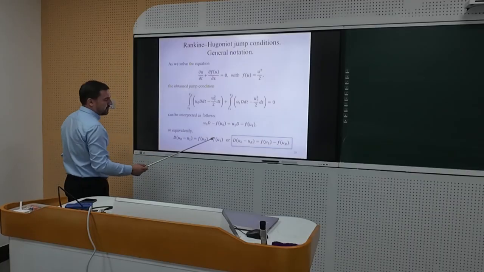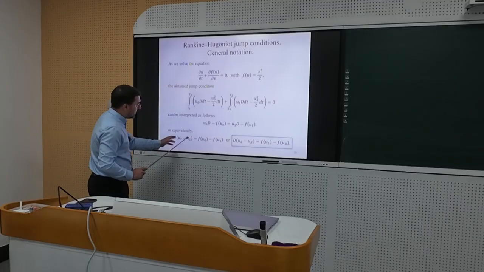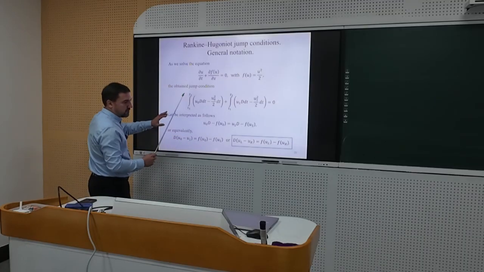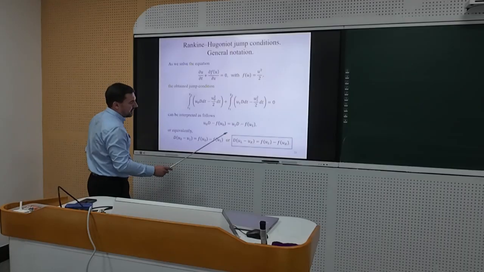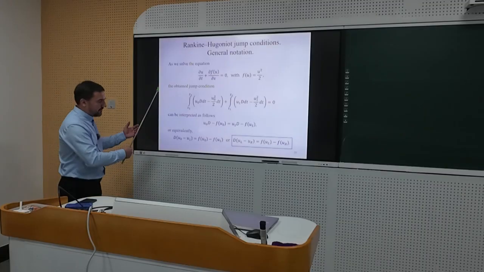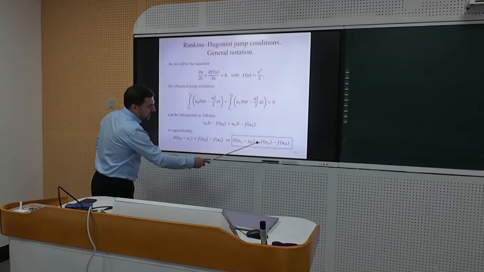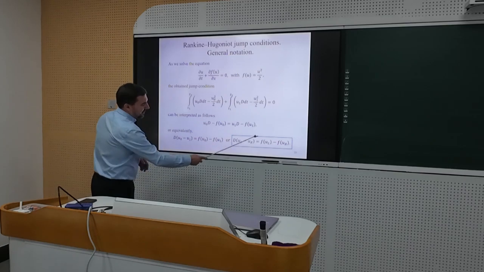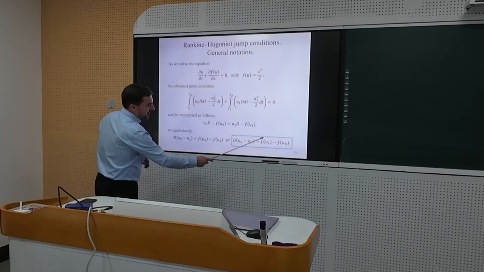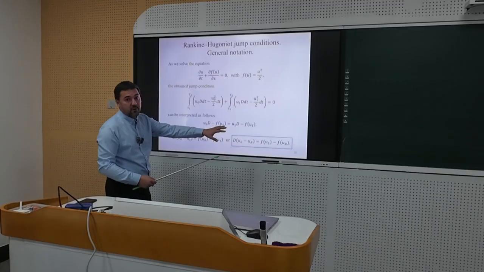In the majority of books, the Rankine-Hugoniot jump conditions are written in the following form. The parameters with 0 are the right ones, and with 1 the left ones. This is the relationship between parameters to the left and to the right of the discontinuity that propagates with the velocity D. If we substitute f with the flux vector for Euler equations, and u will also be the conservative variables vector, then just in the same view it's valid for Euler equations as well.